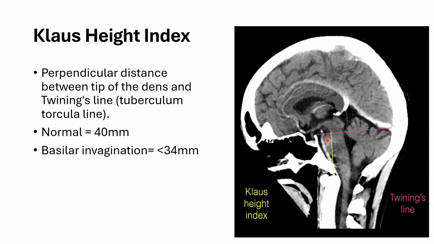So this is represented by this pink line, and the Clark's height index is the perpendicular line drawn from the tip of the dens to this line, and this should be 40 mm for normal, and if it is less than 34 mm, this denotes basilar invagination.